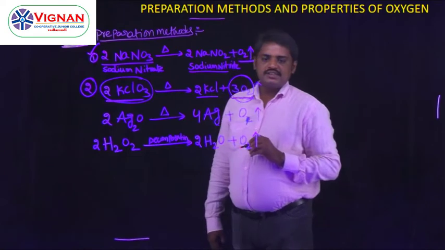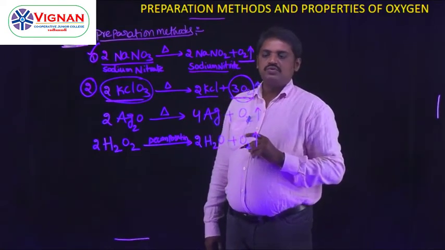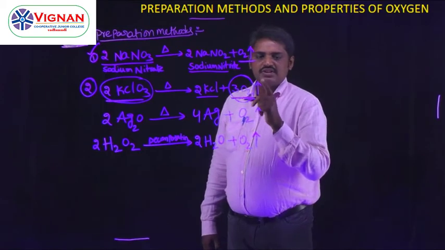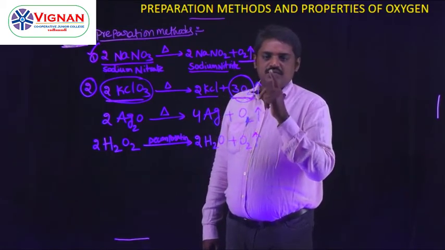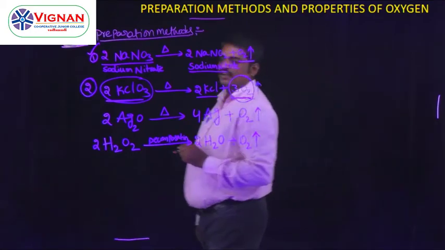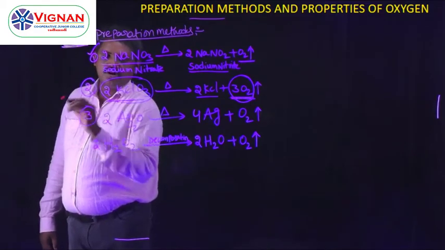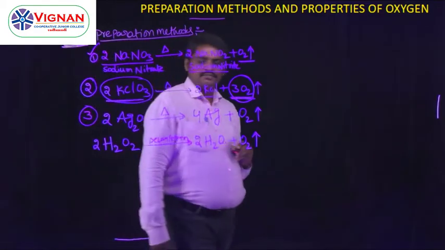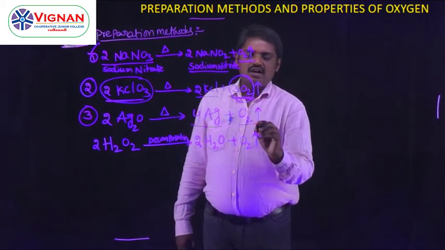This method plays a very important role because it is used to prepare large quantities of dioxygen gas. That is the importance of this method. And next one, the thermal decomposition of silver oxide to produce pure silver and oxygen gas.